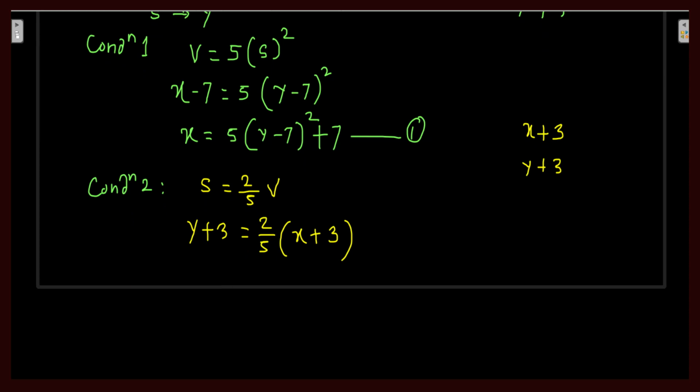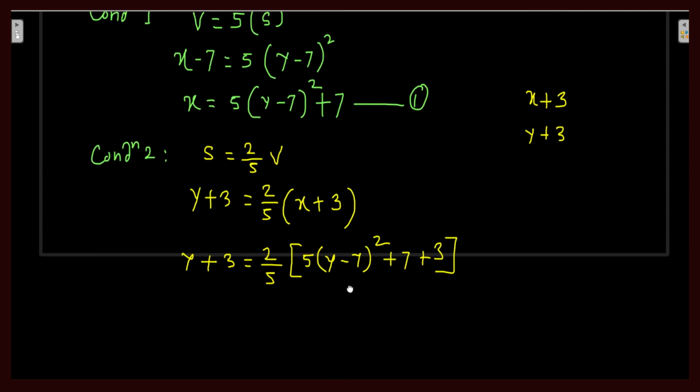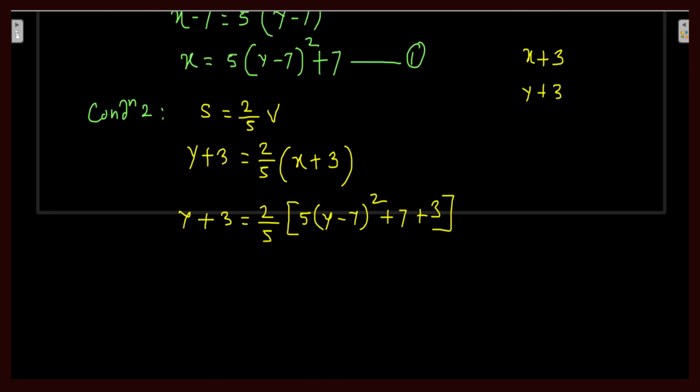So you will get Y plus 3 equal to 2/5 of the value of X, that is 5 into bracket Y minus 7 bracket square plus 7, and this is plus 3.